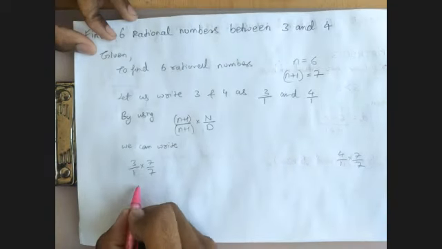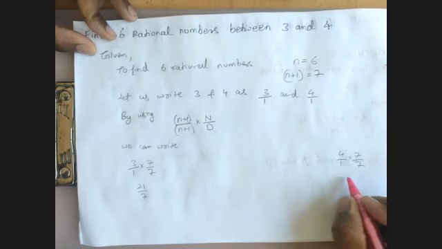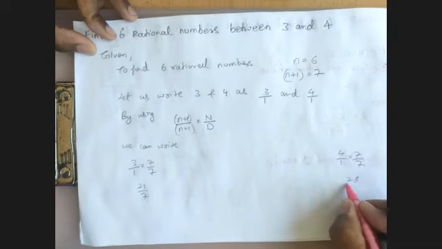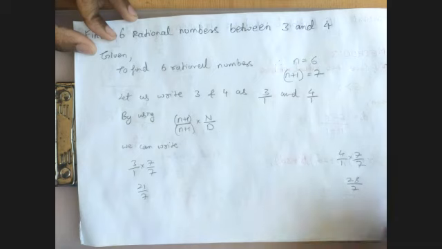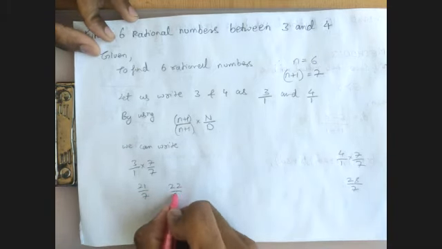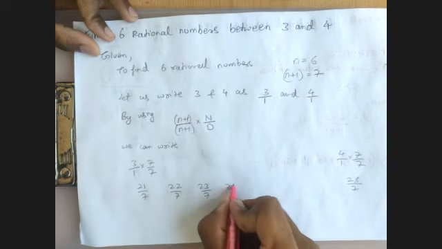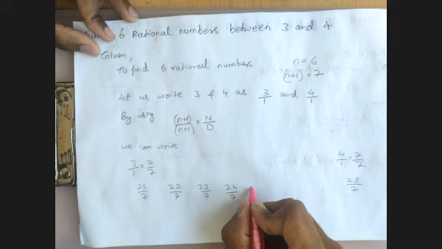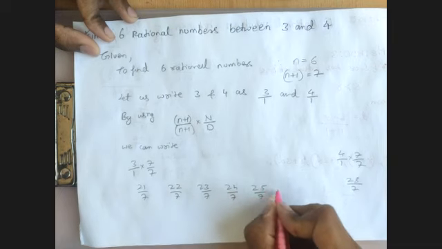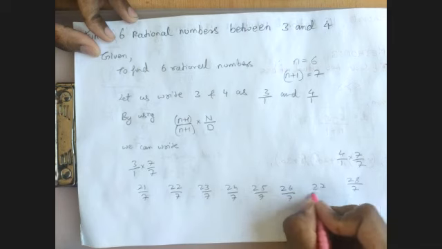So what is this? This is 21 by 7. This is 7 4s are 28 by 7. So we know in the second method it is very easy. It is 22 by 7, 23 by 7, 24 by 7, 25 by 7, 26 by 7 and 27 by 7.